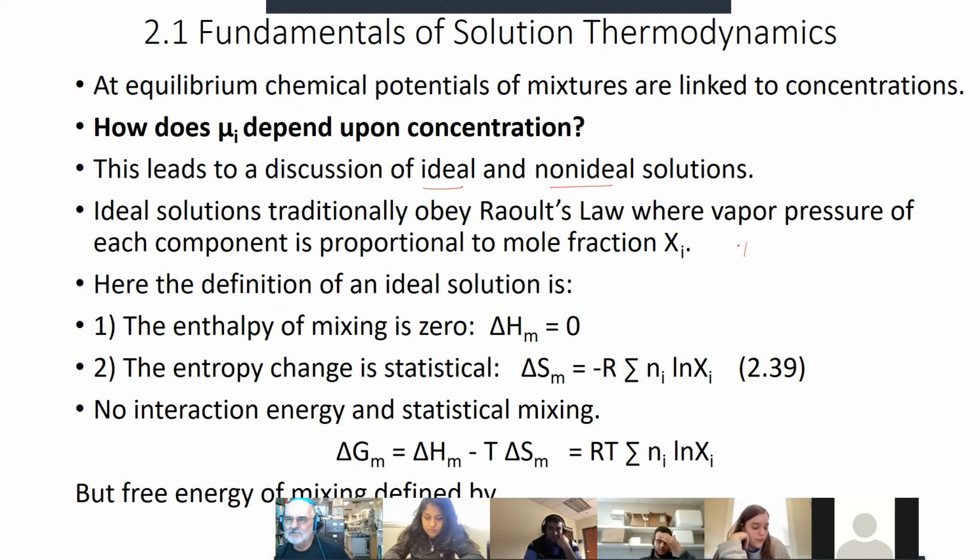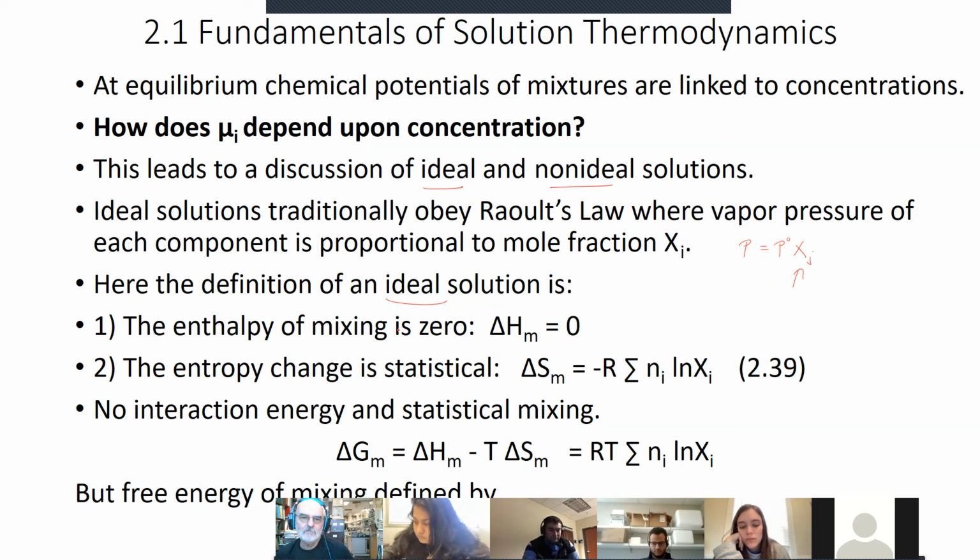So it usually can be expressed as something like this times its mole fraction, where this is the vapor pressure of the pure substance. In general, we don't really want to work in mole fraction. We'll get rid of it when we can, or we'll use it when it's convenient. But it's a convenient way to start.